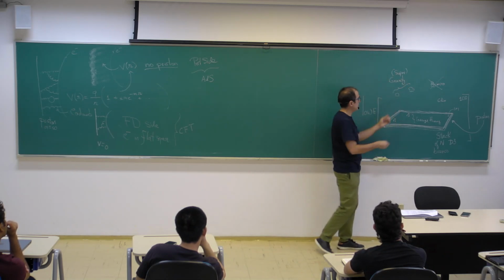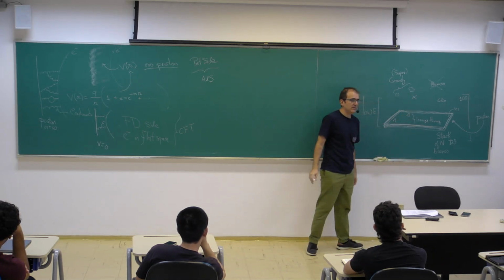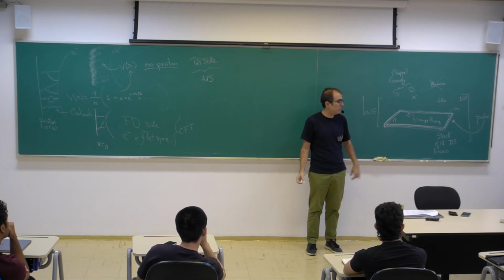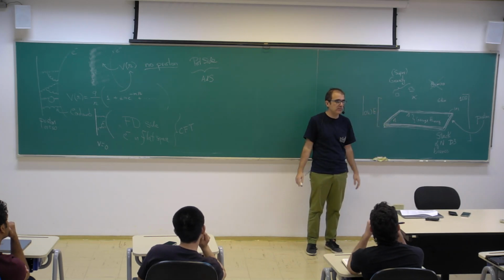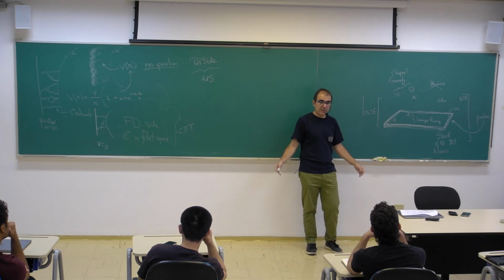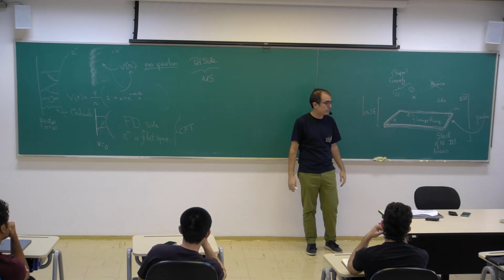So they need to be here. This doesn't exist. It doesn't make sense. The open strings need to end on a brane by definition. And the only thing the universe has is D3 branes in this toy example we are thinking about. So there is no D9 brane. A D9 brane is also called a space-filling brane. Then the strings could end anywhere, but here there's no D9, there's only D3s.